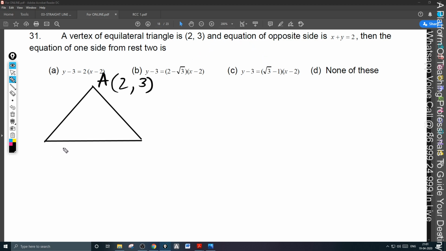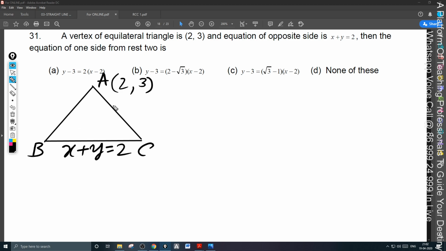And the equation of the opposite side is x plus y is equal to 2. Then you have to write the equation of either AB or AC.